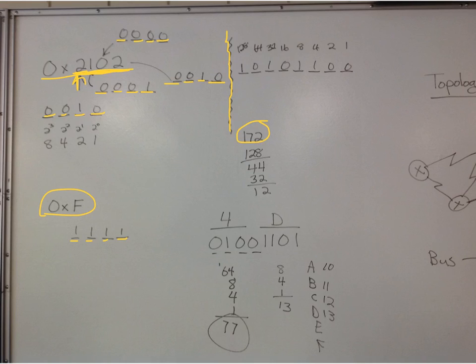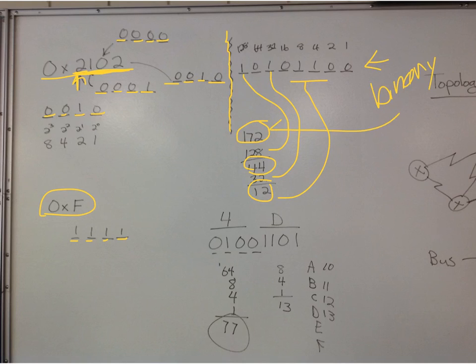Yeah, let me redraw that. I'll take those off of there. So we took 172, we took one group of 128 out of it, and then got 44. Then we took a group of 32 out of that and got 12, and then we said 12 is represented by those 2 ones. So that's a binary representation of this decimal number.